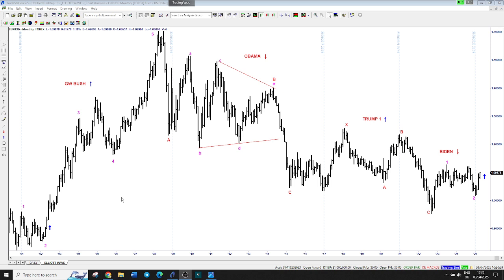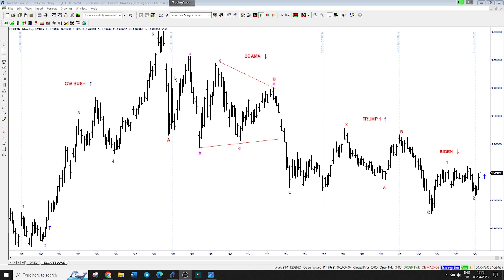Well, what we've got is the advance from the 2000 low on euro dollar broke down into an impulsive five-wave sequence: 1, 2, 3, 4, and 5. So that was an impulsive sequence. The trend is up. From that point, we've broken down. The bear market breaks down into not a five-wave move but a corrective move, which breaks down in Elliott terms as a double zigzag.